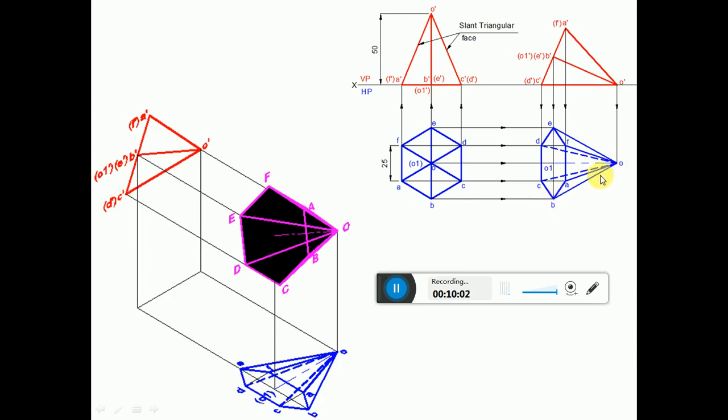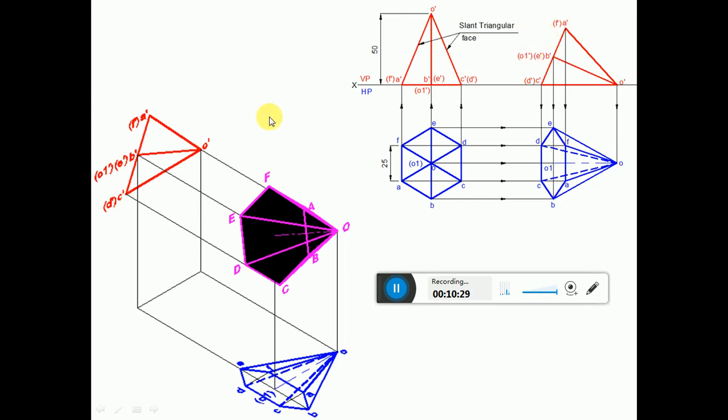Consider O to B, B to C, C to D, D to E, E to O. All these edges fall on the exterior edges of the boundaries of the solids, so you dot them. Then when you look from the top view, A dash, B dash, C dash, D dash, E dash, F dash is a hexagonal surface which is visible or open to the observer, so it becomes visible.